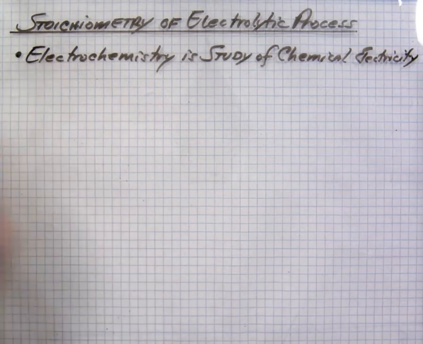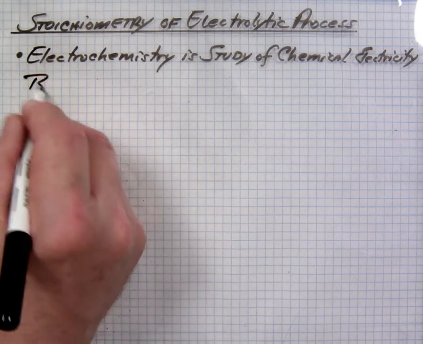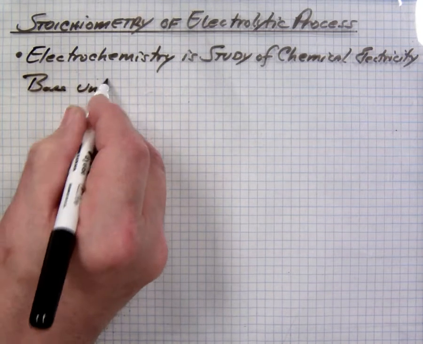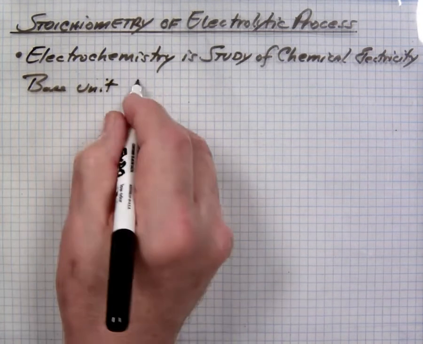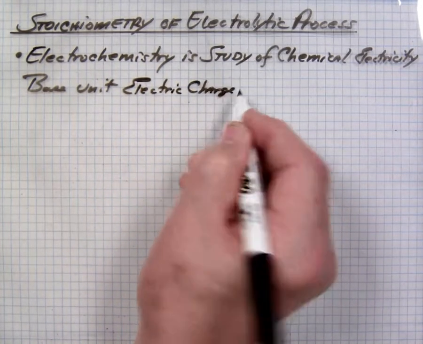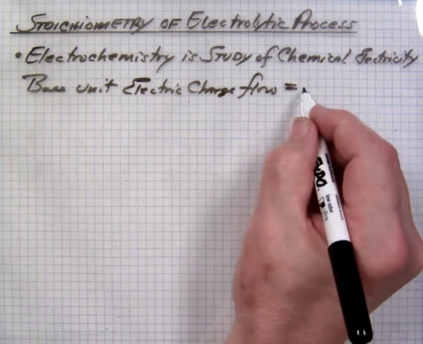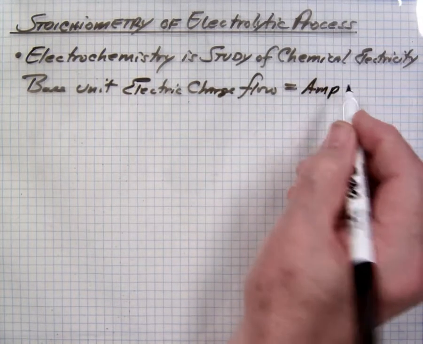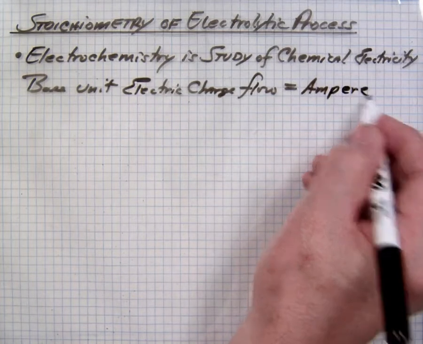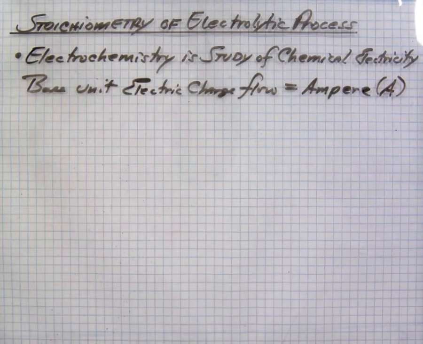Right there. Well, in the science of physics and electricity and magnetism, the base unit for electrical charge flow is the ampere, symbol capital A as shown here.